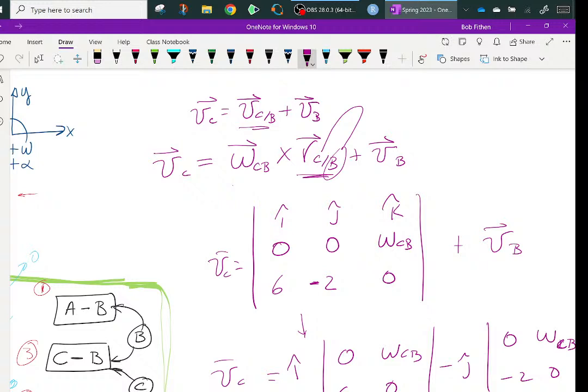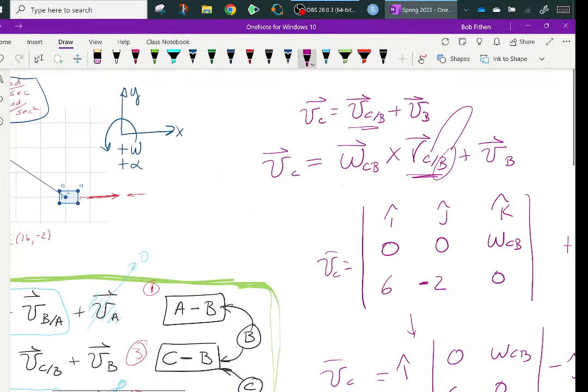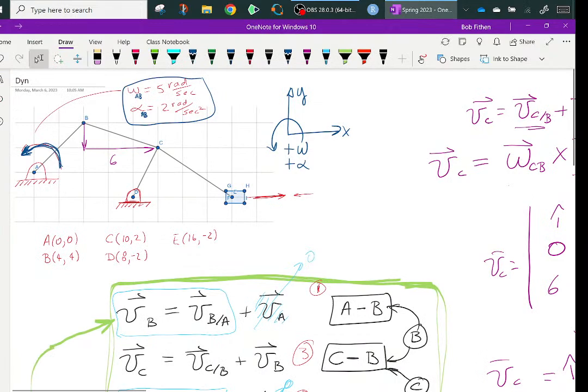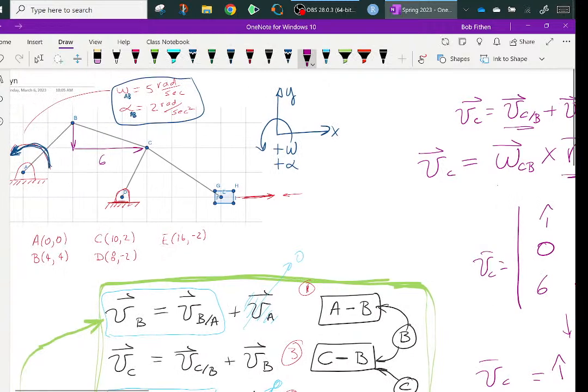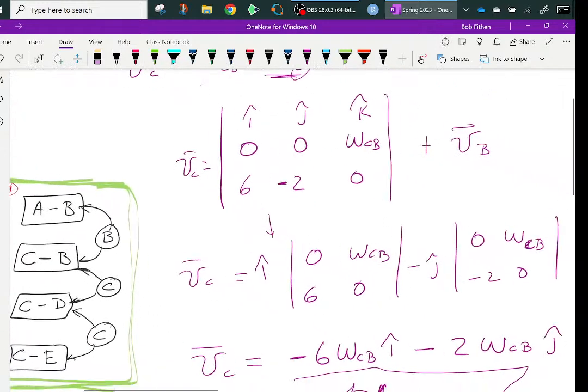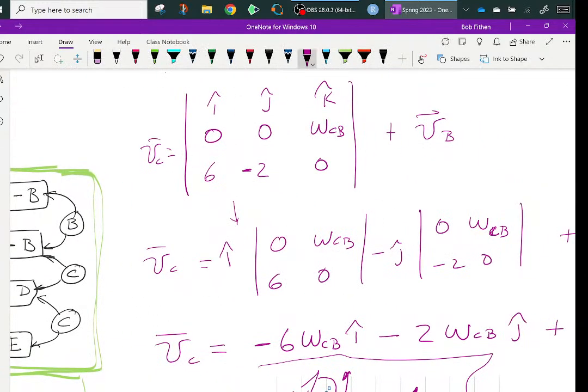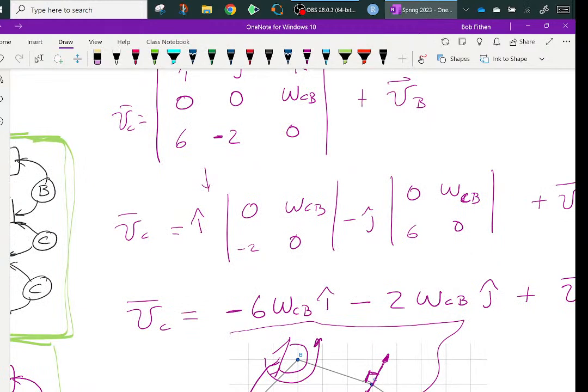Does that make sense? Did I goof that before? Looks like I goofed that. Good thing we're spanning this over multiple lectures. So the X component is 6 and the Y component is minus 2. I got going so fast I flipped those. That means this is the minus 2 and this is the 6. Okay, so I think what we're going to get is 6 and then 2.